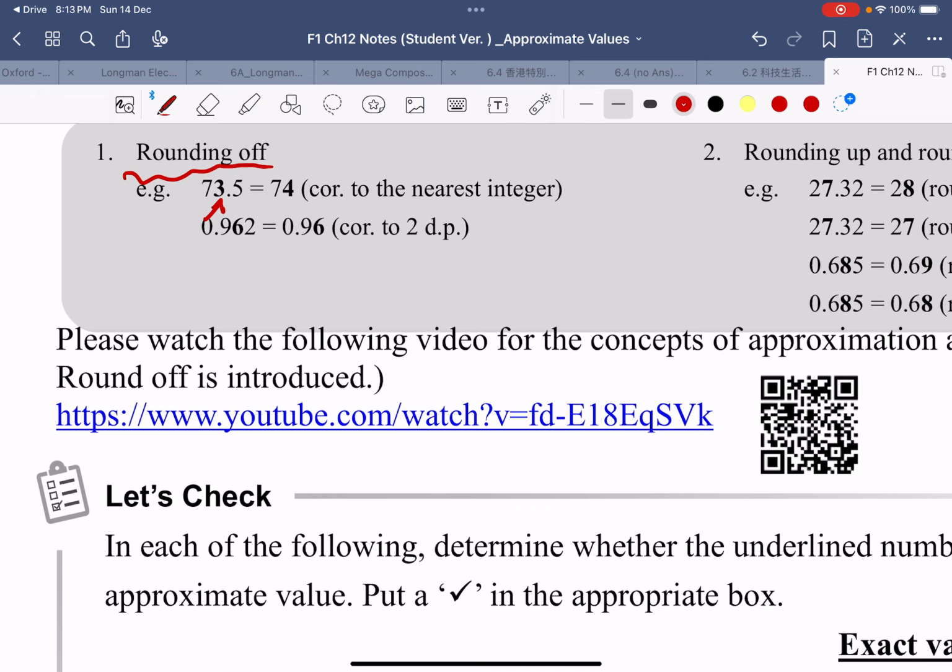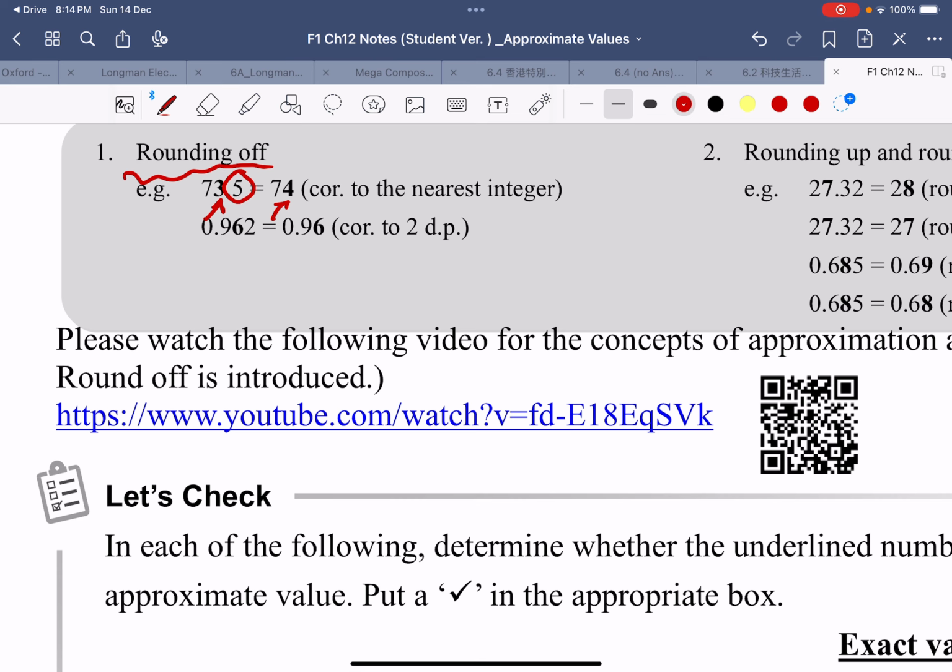So we leave out the numbers behind the decimal point and then do something like in your primary school called 四捨五入. So 5 is greater than or equal to 5, and then you add 1 to the integer place value, and 3 will become 4. This is called rounding off, and it is just 四捨五入 from your primary school.